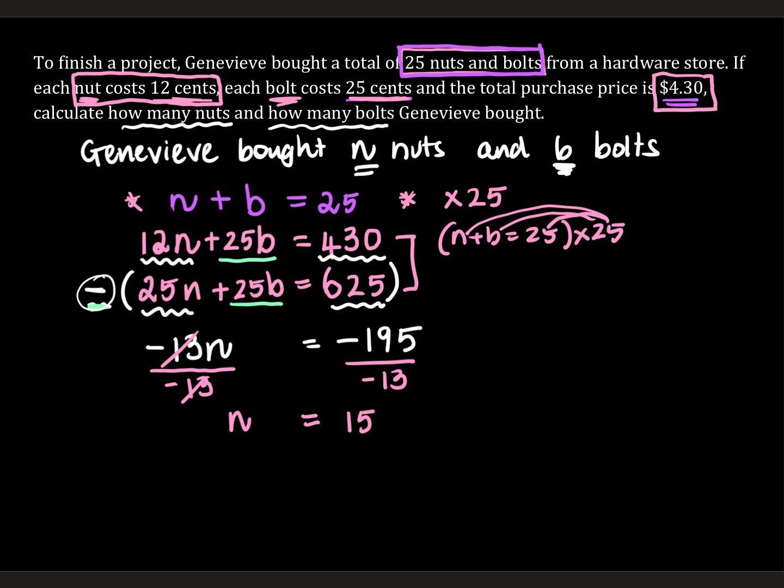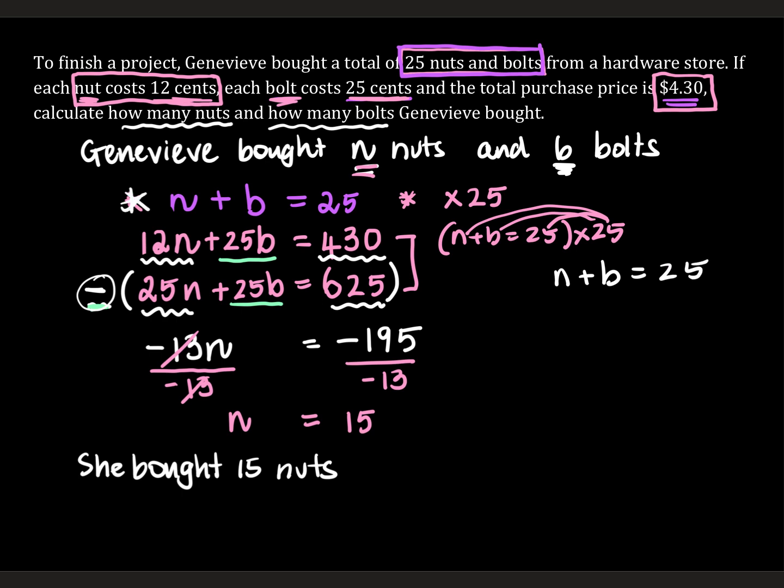Then I go back. What is N? N is how many nuts she bought. So I'm going to write down here, she bought 15 nuts. Now I have to work out how many bolts. Well, I know that N plus B equals 25.